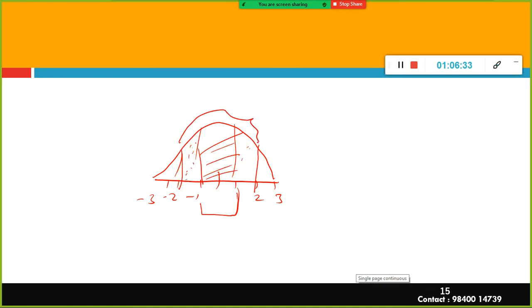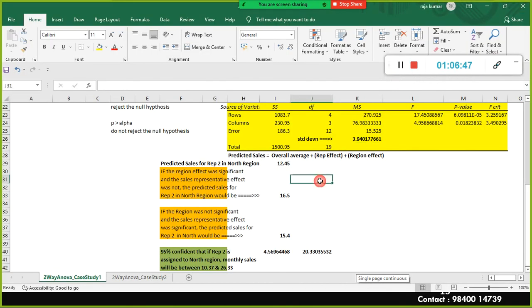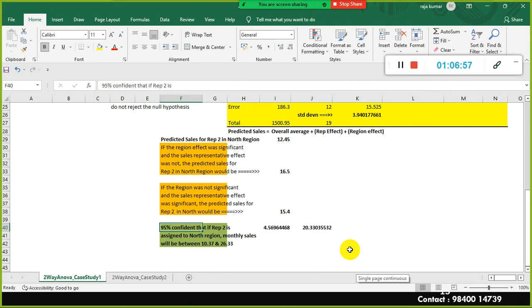This entire region covers 95%, approximately 95%. Plus or minus 3 standard deviation covers 99%. How many of you remember this? Plus or minus 2 standard deviation covers 95% of the area here. If you say 95%, what is the standard deviation? Which area does it cover?